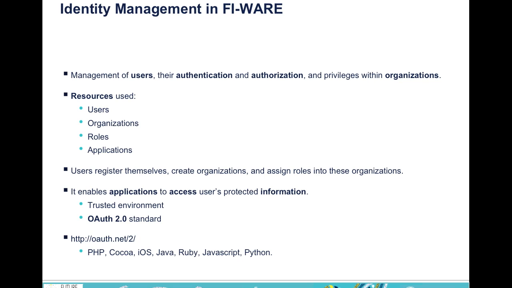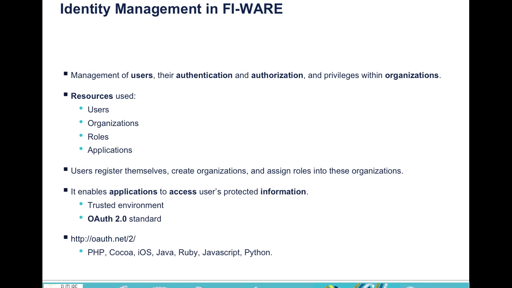Finally, there are applications that are third-party services that want to access protected resources that belong to the users. Typically, users register themselves in this service, they create their organizations, and they assign roles to other users in these organizations. FI-WARE account is the first door that offers applications to access users' protected information.